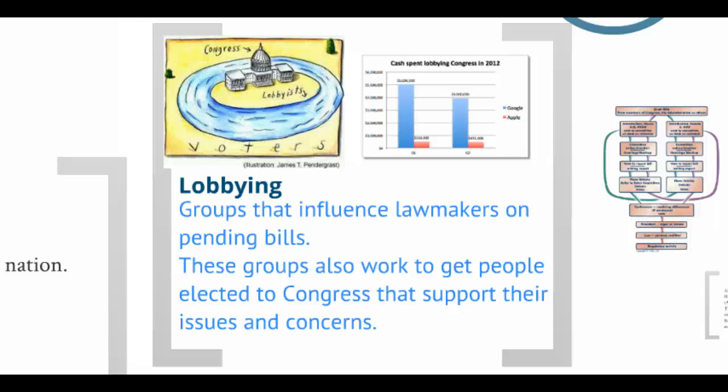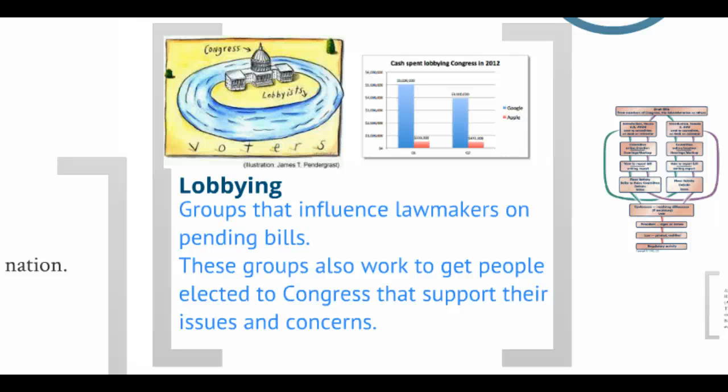Now, we can't talk about the process of making laws without talking about the influence that outsiders try to exert on lawmakers. We're looking at Congress in this example specifically, but lobbying also occurs at the state level as well, and county levels of government.